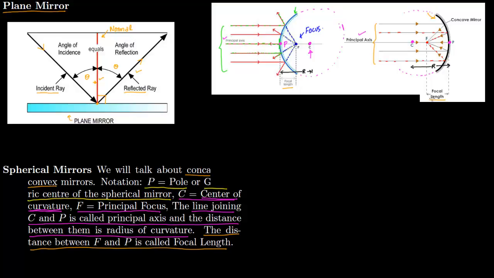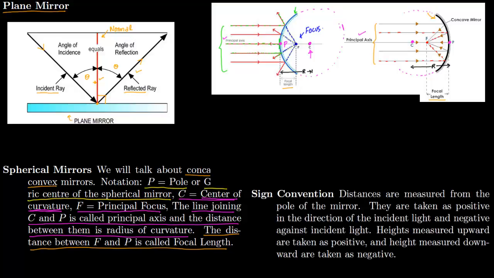Now to do the problems or to understand the physics behind these mirrors, we have to give some conventions so as to measure the distance of the object kept from the mirror. For this purpose, we need sign convention. The sign convention follows the Cartesian convention.